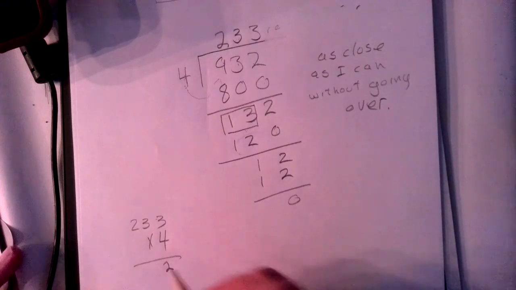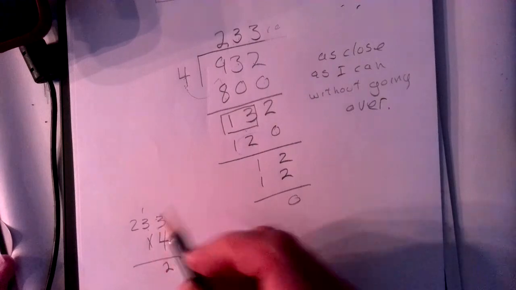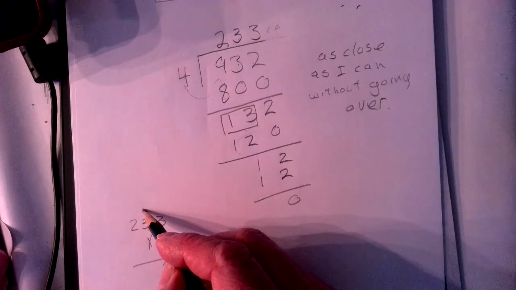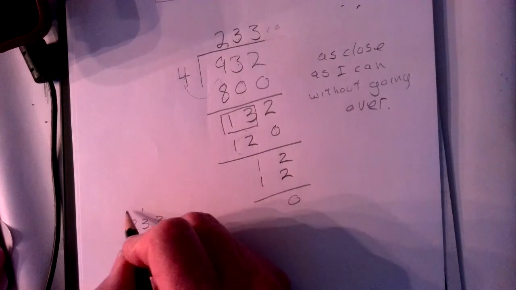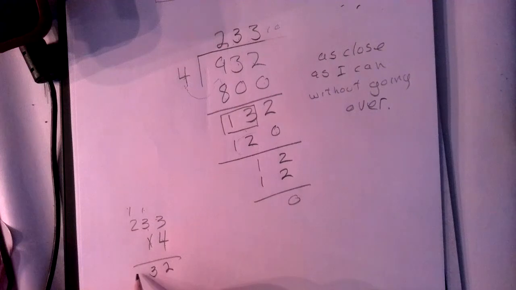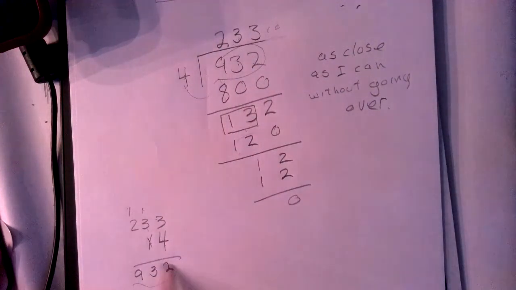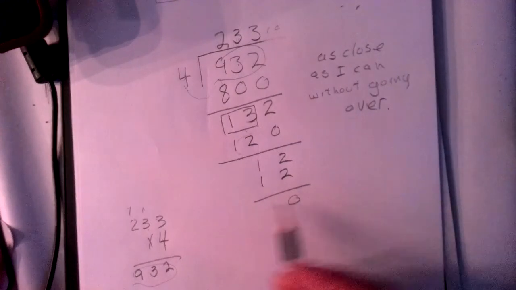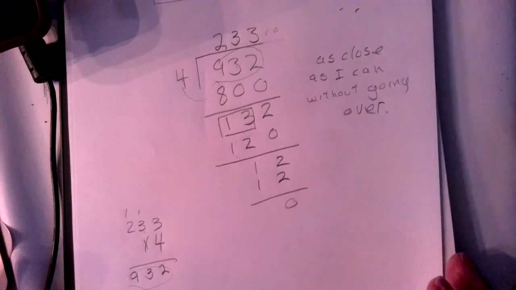Put down the 2 and carry the 1. 4 times 3 is 12 plus 1 is 13. And carry the 1. 4 times 2 is 8 plus 1 is 9. Look at that. That means that I did all this correctly. That's not always the case, by the way. I sometimes do mess up.